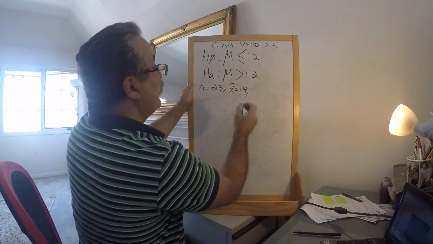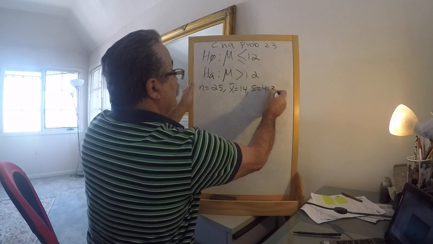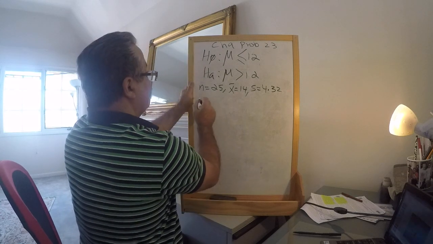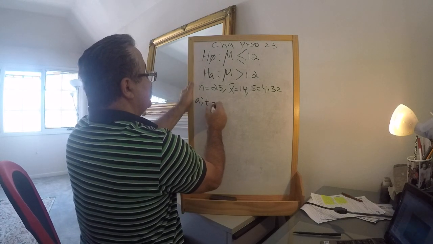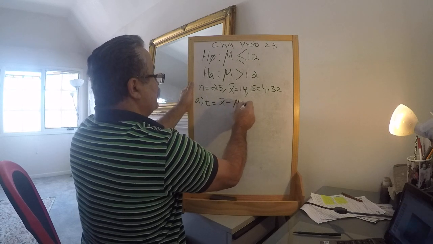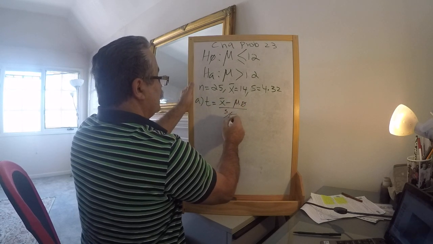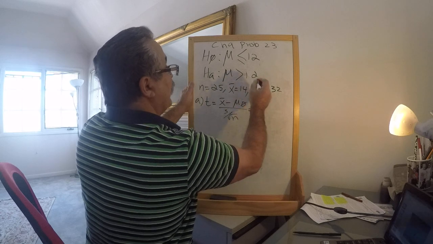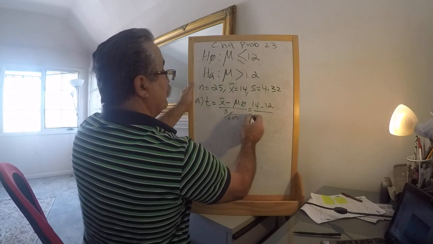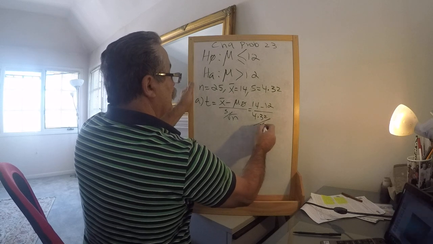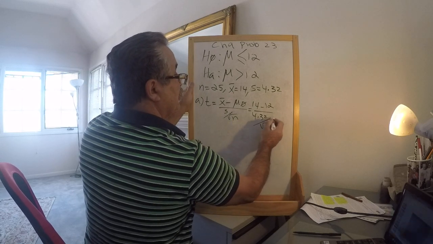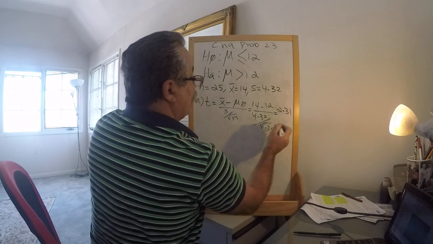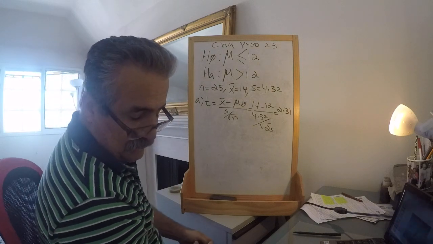And a sample standard deviation, S is equal to 4.32. Compute the value of test statistic. Part A, T is equal to x bar minus mu sub 0 divided by S over square root of n. X bar is 14 minus 12 divided by 4.32 over square root of 25. So that comes out to be 2.31. That's the T that we have calculated.